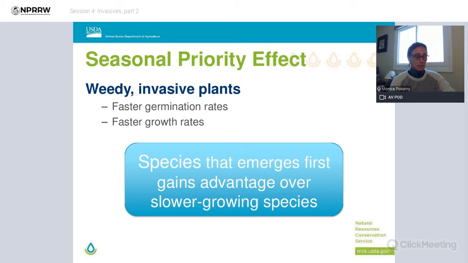And you might have a desired plant on the same area that has a slow growth rate. It might overwinter as a dormant seed, and so it's going to germinate later than your weedy species. But really, the seasonal priority effect focuses on the idea that species that emerge first gain an advantage over the slower growing species.